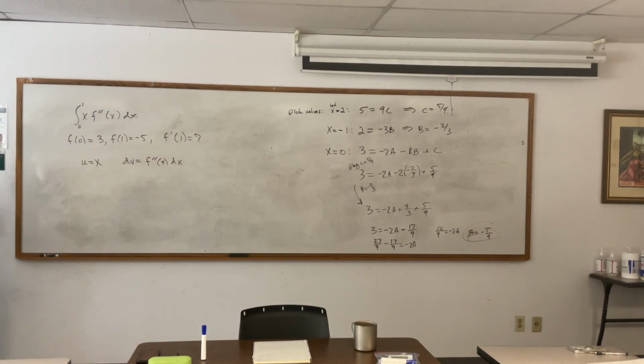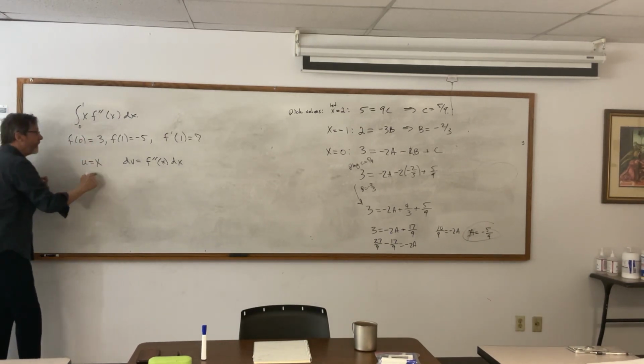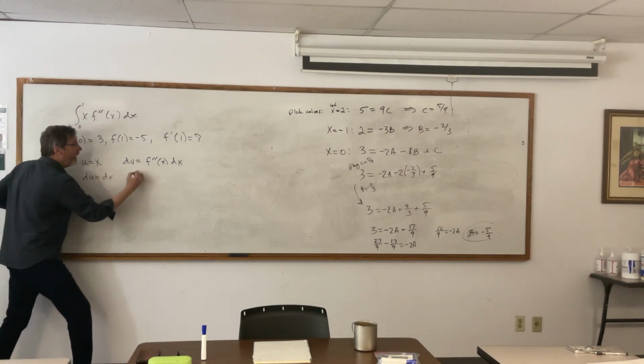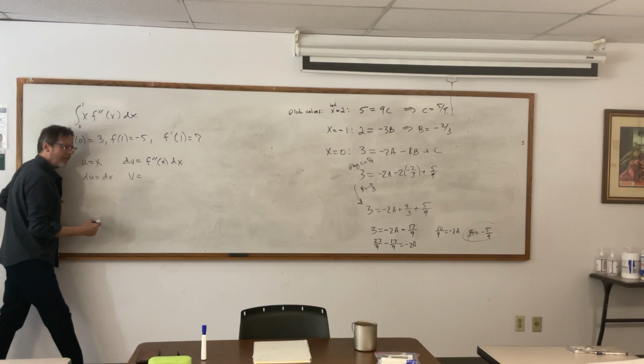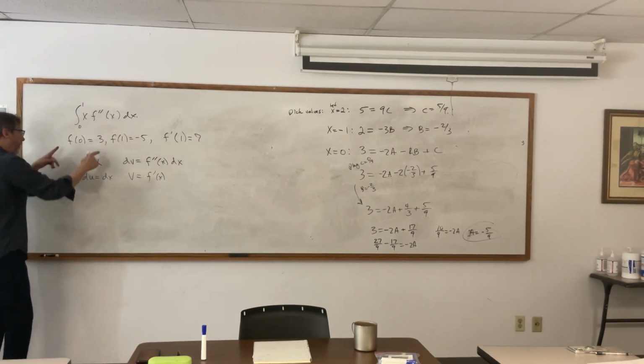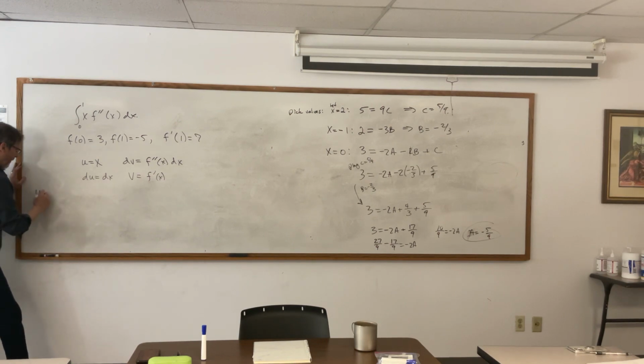And this is going to allow us to start bootstrapping our way up out of that deep derivative. So we've got du is 1 dx. What's v? f prime of x, exactly. It's just one less level. So let's go to the uv minus integral v du formula.